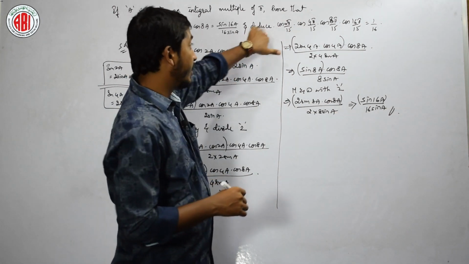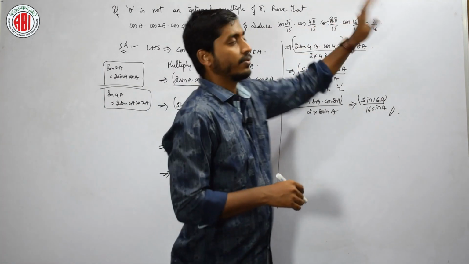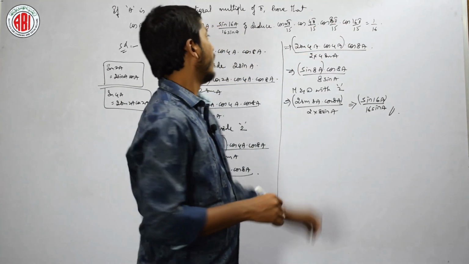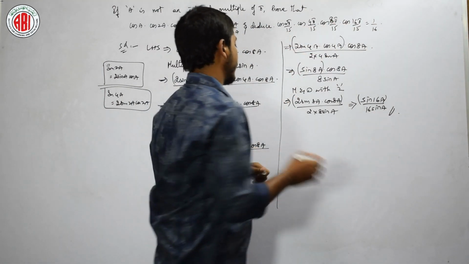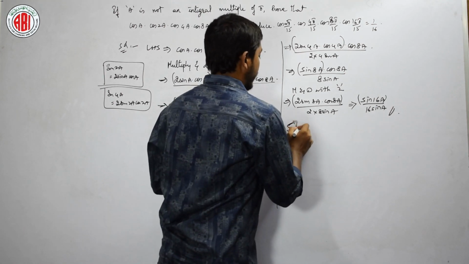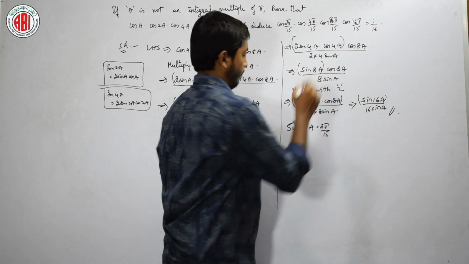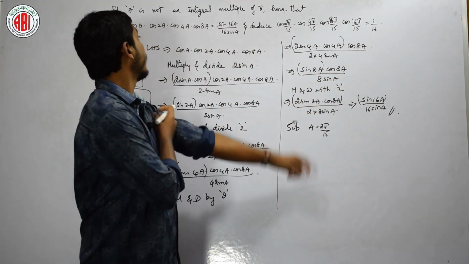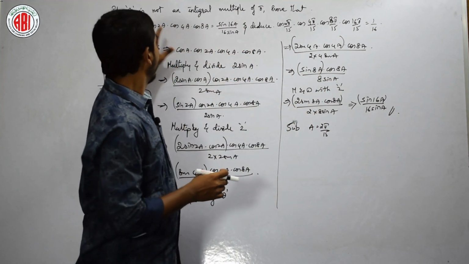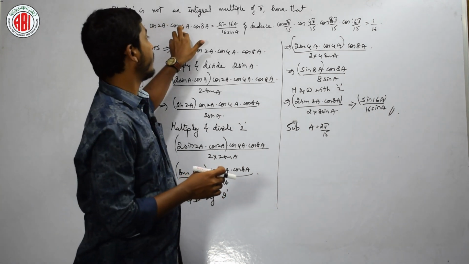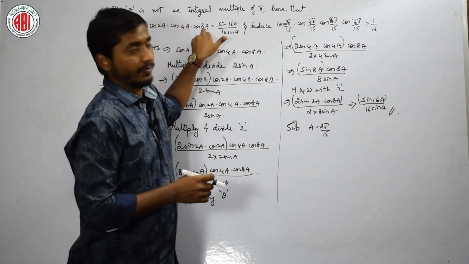Now we have to deduce these kind of values, right? Let us substitute a is equal to 2 pi by 15. Okay, see here, 2 pi by 15, 4 pi by 15, 8 pi by 15, 16 pi by 15, right?